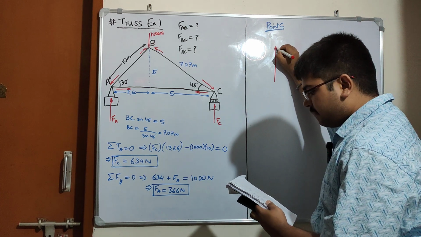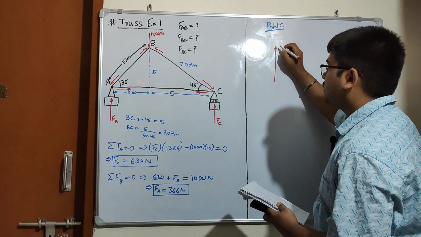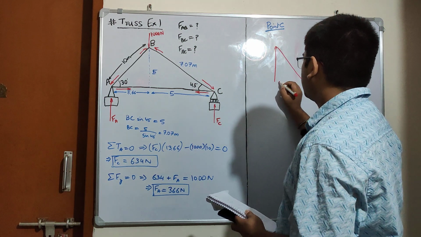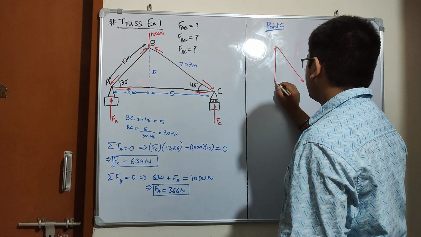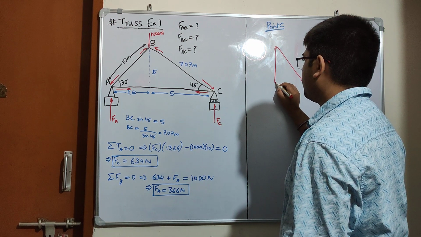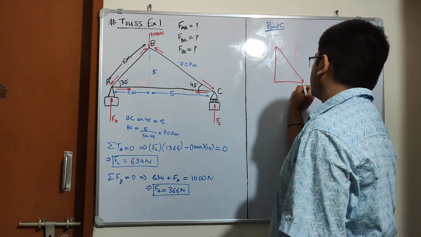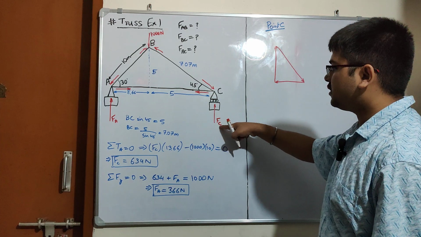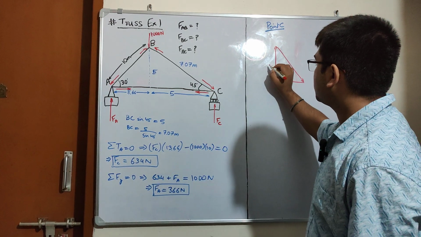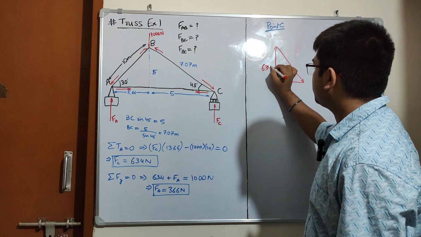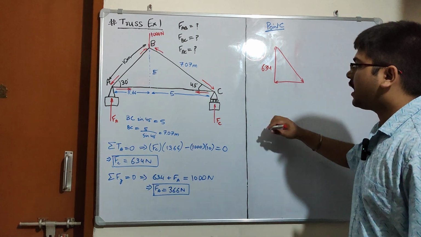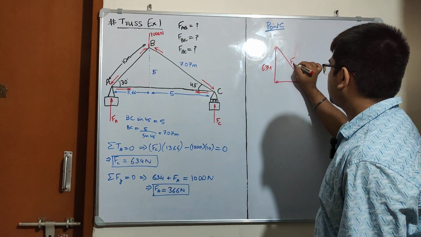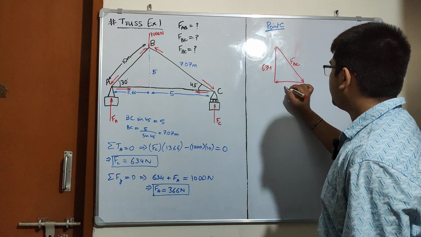Then we have FBC acting in this direction, and we have FAC in this direction. So this is FC. FC is 634. We have FBC and FAC.